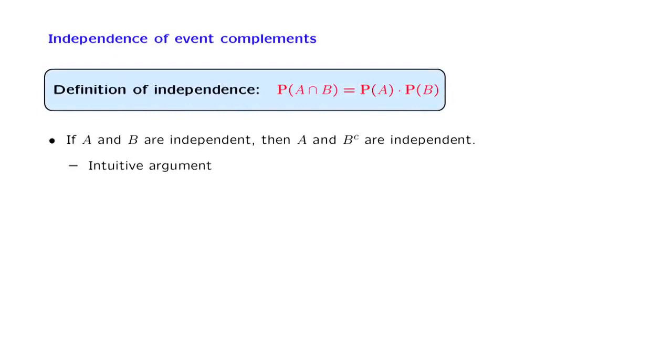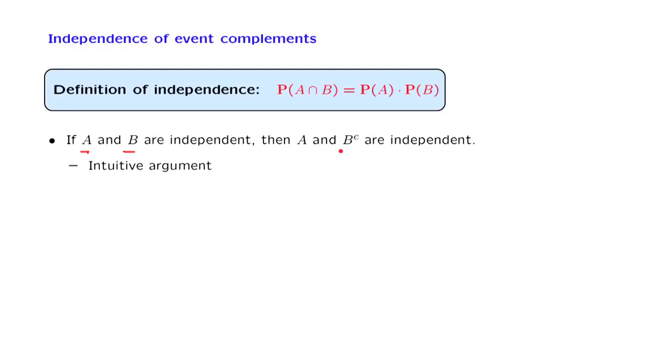Let us now discuss an interesting fact about independence that should enhance our understanding. Suppose that events A and B are independent. Intuitively, if I tell you that A occurred, this does not change your beliefs as to the likelihood that B will occur. But in that case, this should not change your beliefs as to the likelihood that B will not occur.